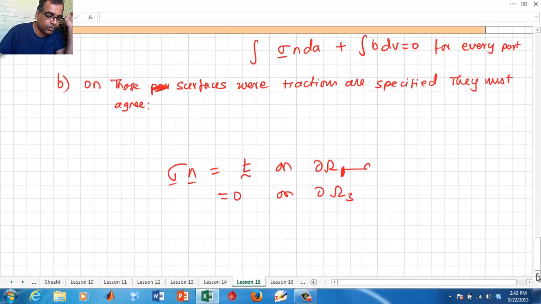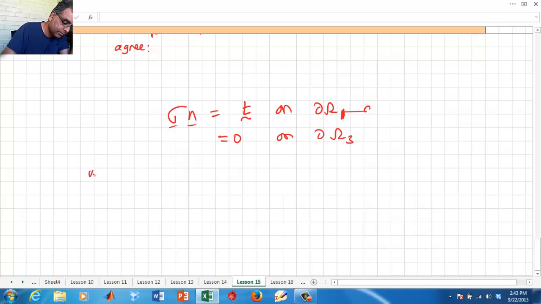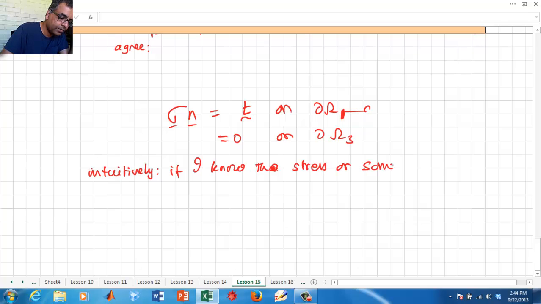So intuitively, if I know the stress or its components or some components, it should agree.